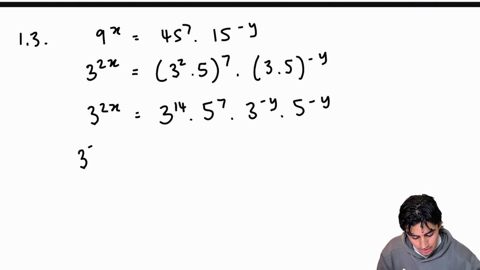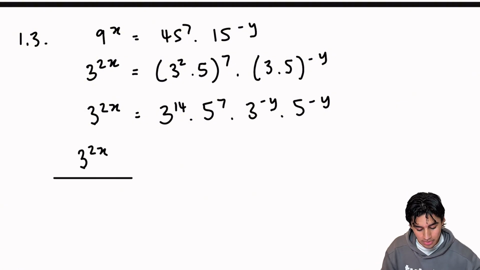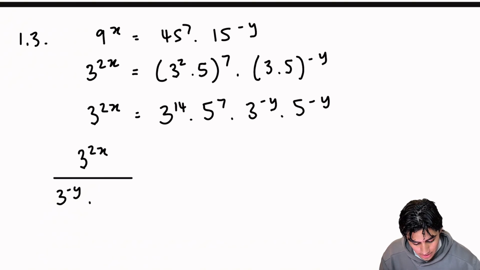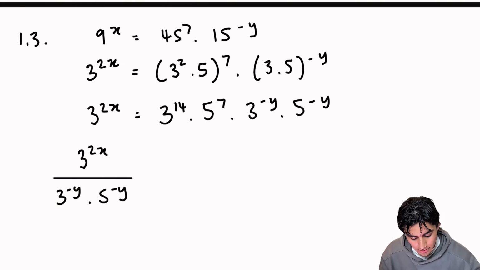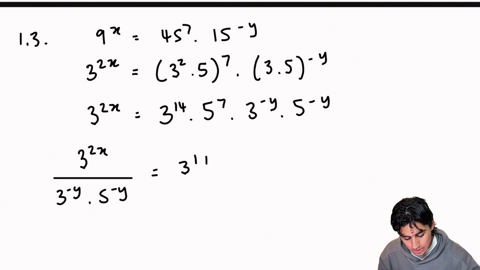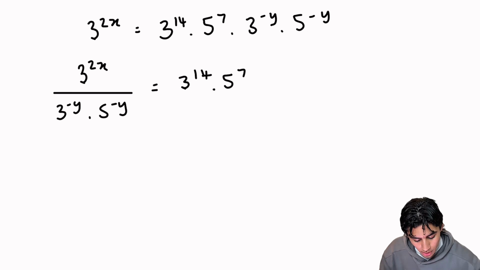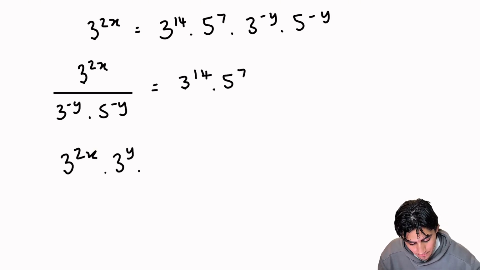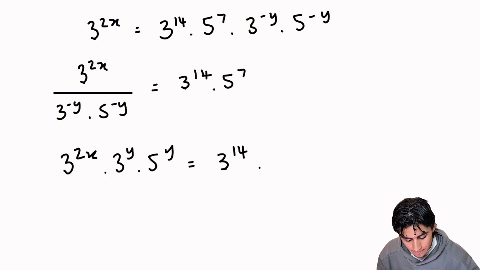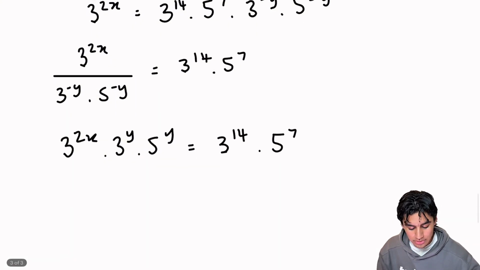So then over here I'll have 3^(2x) divided by 3^(-y) times 5^(-y), equals 3^14 times 5^7. Now I'm just going to take all my negatives and bring them to the top and end up with 3^(2x) times 3^y times 5^y equals 3^14 times 5^7.